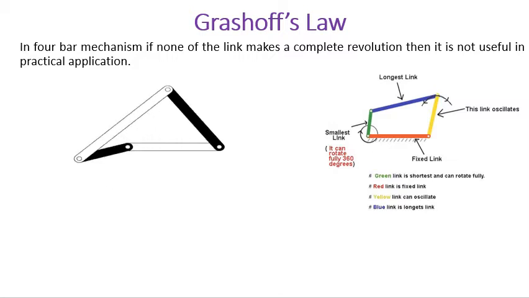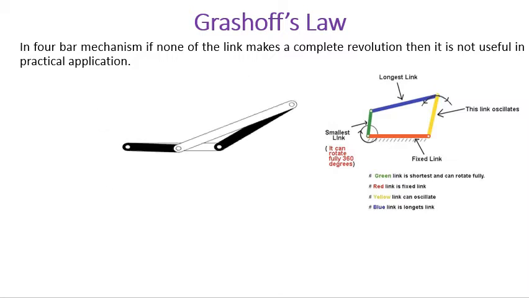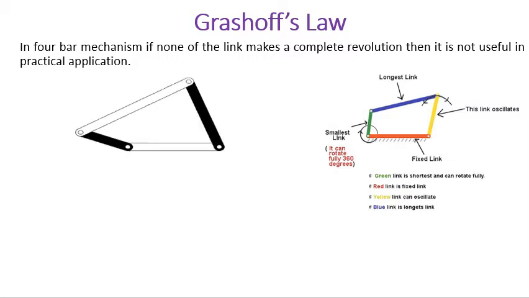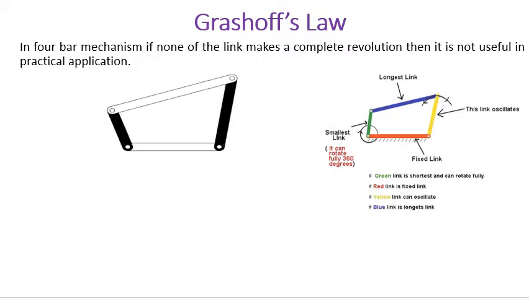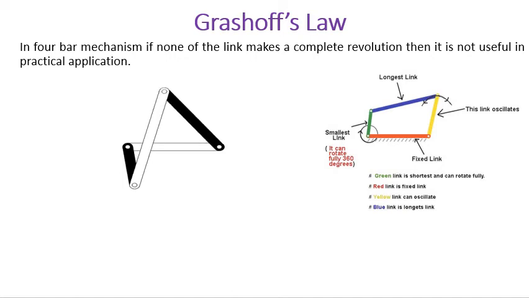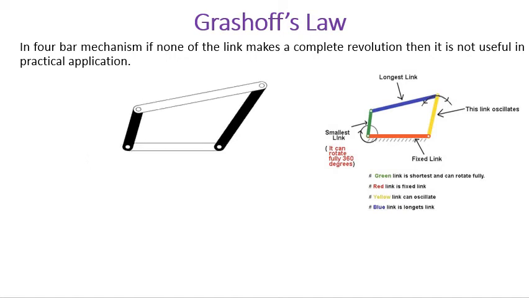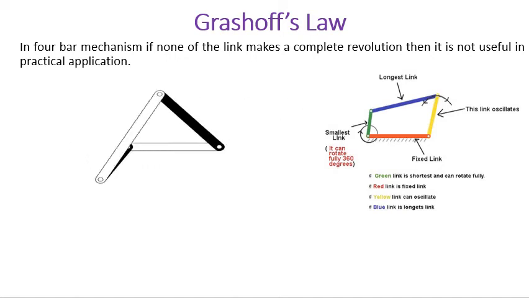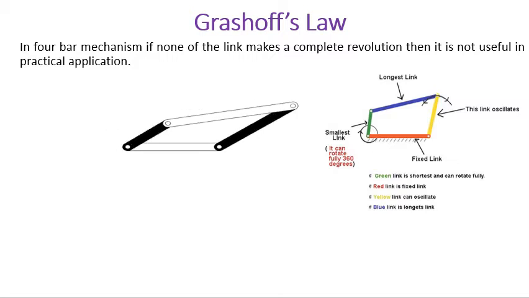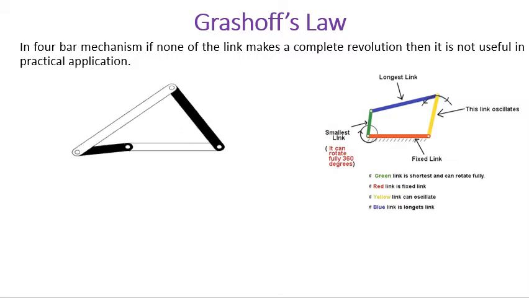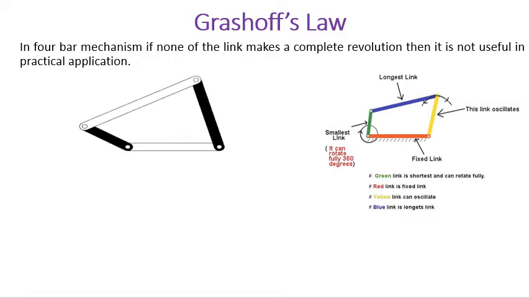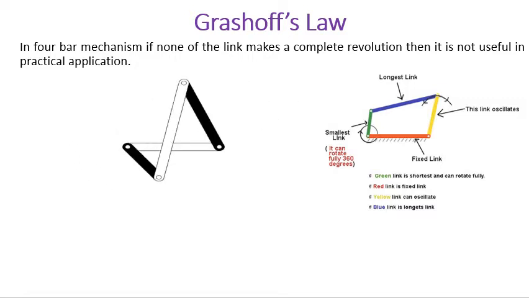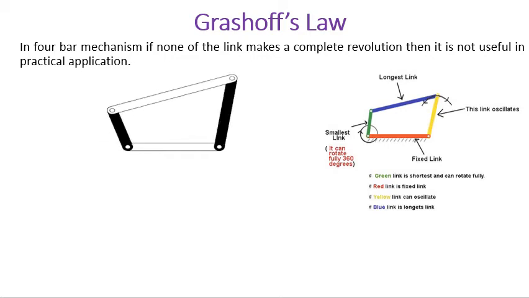Whereas link number 1 is fixed, which is a frame. Whereas link number 3 is having an oscillatory motion, right, semicircular motion, whereas rocker is having rocking motion, right? So therefore we can use this 4-bar chain or quadric chain for some other applications, because one of the links is having a rotational motion or revolution.